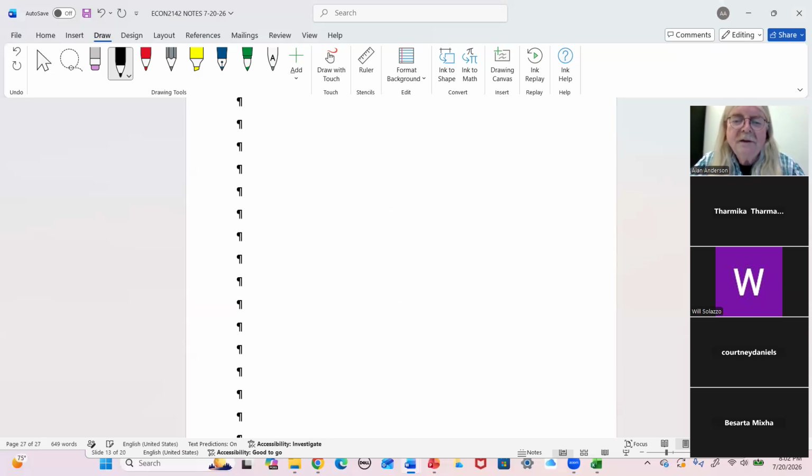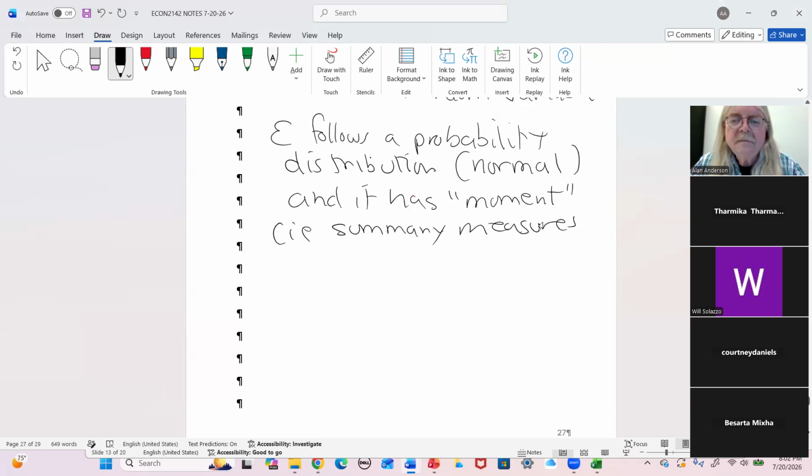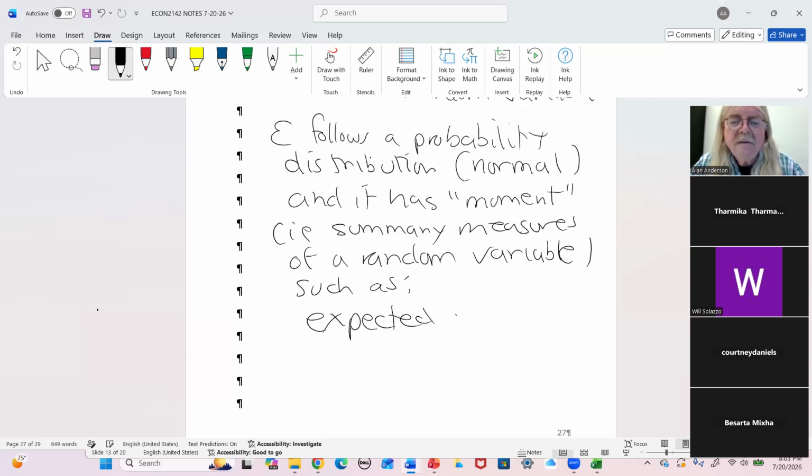Like what, you say? Expected value and variance. I'll put these in the same line to remind ourselves that they're related to each other.